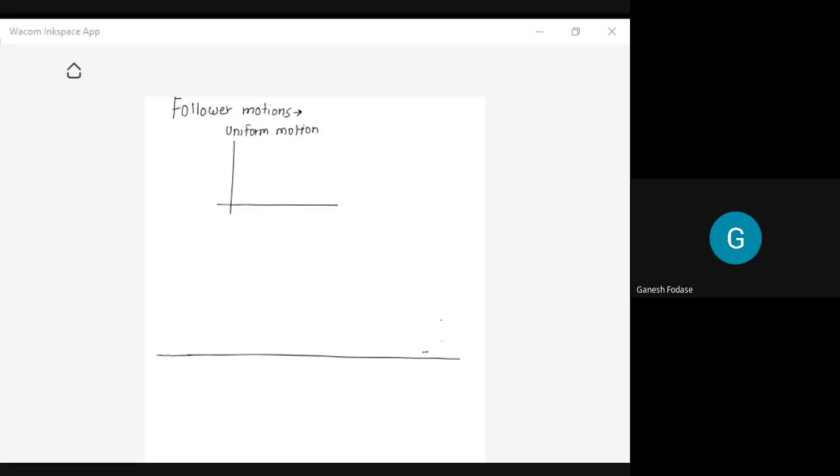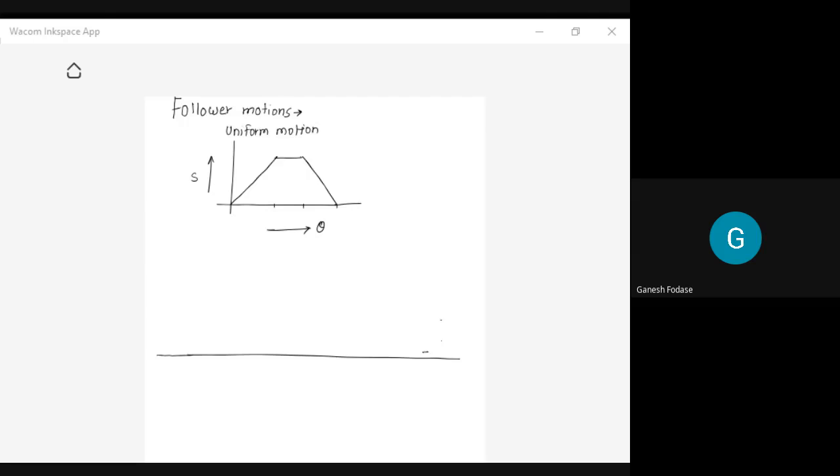When the follower displacement is plotted on the y-axis and cam rotation, that is cam angle theta, is plotted on the x-axis, then we consider three periods of follower motion: rise, dwell, and return. For this, our graph is like this. There is follower rise first, then dwell, and further return. So this is your displacement diagram.